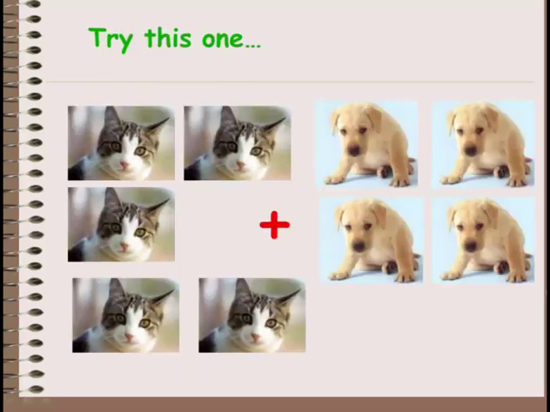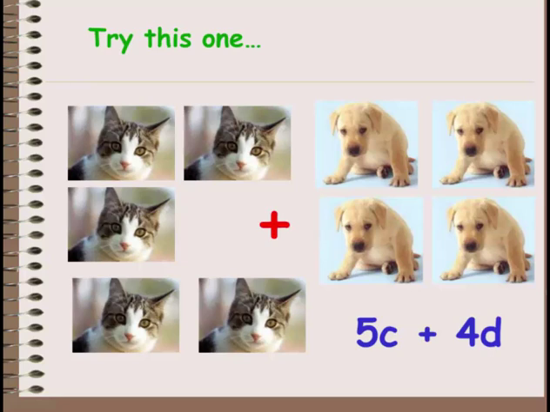Let's try another one. Okay, so we have 5 cats and 4 dogs. Are those like things? No. So we can't combine them into one group and call them one thing, because they are not like things. 5 cats and 4 dogs cannot simplify.